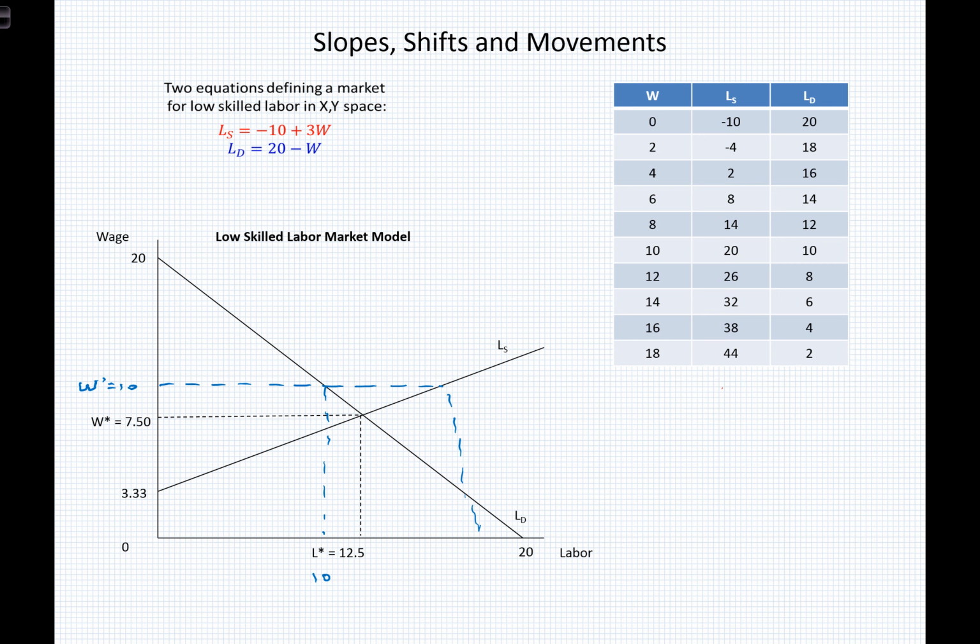Now, what this might do is, if this is not exogenously imposed, if there's just something internal to the markets, internal to the decision-making processes of the firm that have caused the firm to decide to go ahead and pay $10, we might see that that's going to cause a shift in the labor supply curve.